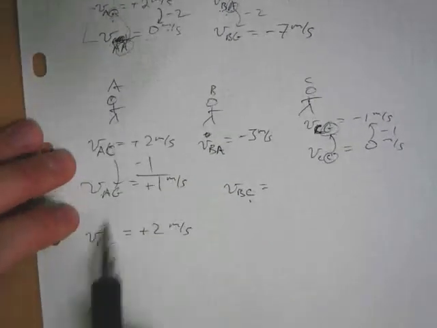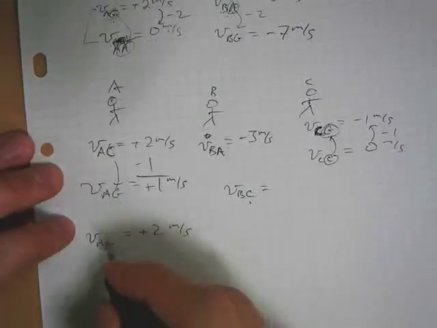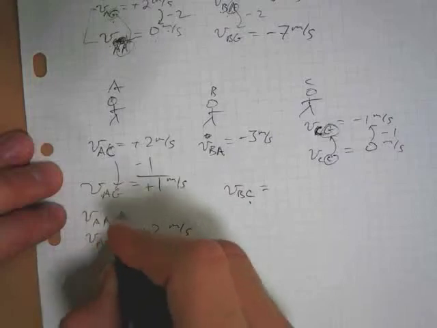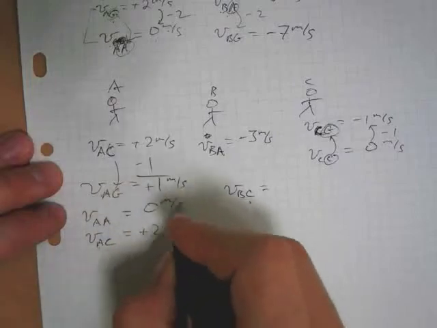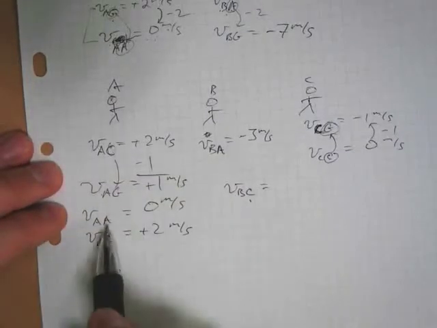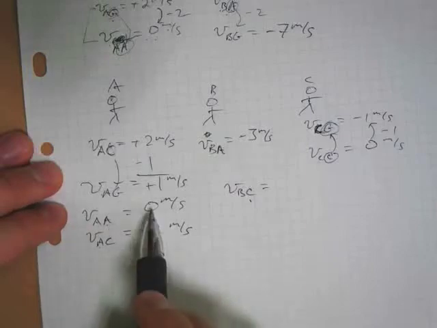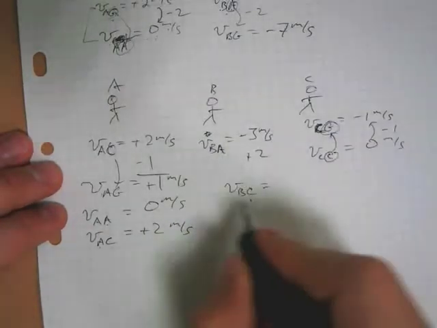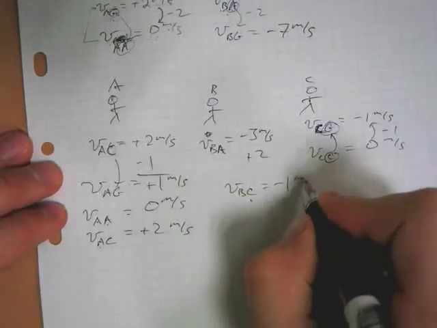Velocity of person A relative to person C is 2. We want to go from A to C. Velocity of person A relative to person A, of course, is 0 meters per second. So going from A to C, difference is from 0 to 2, plus 2. So velocity of B relative to C is minus 1 meters per second.